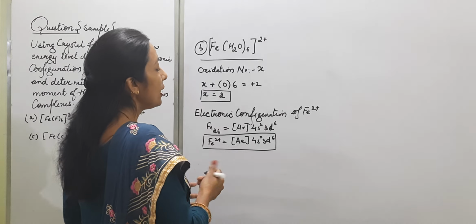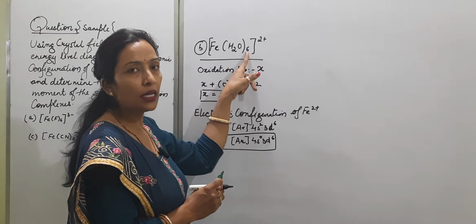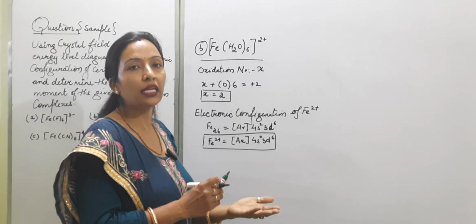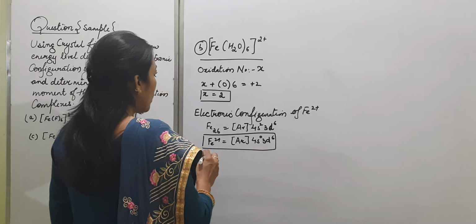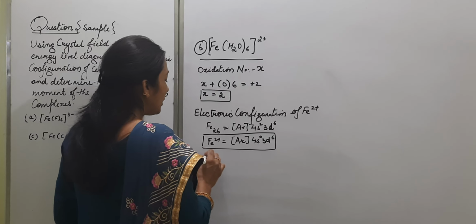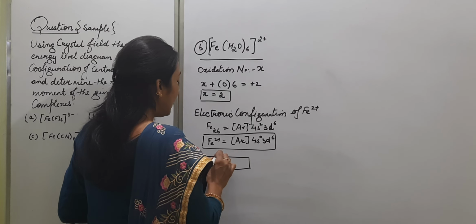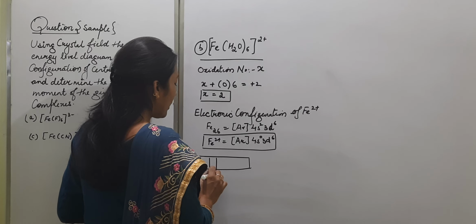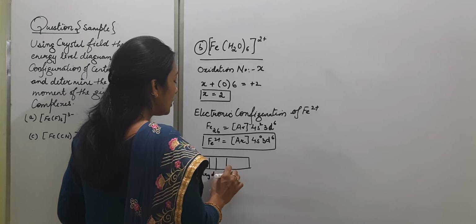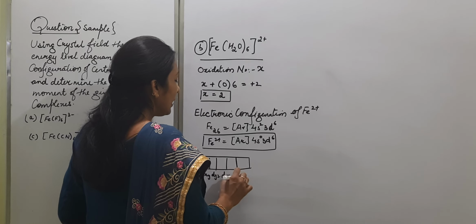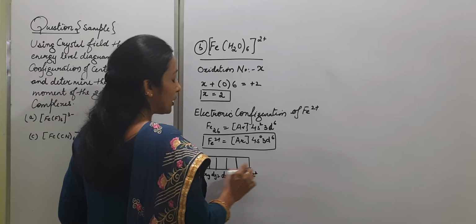Now we have to draw the energy level as the coordination number is 6. So we have to divide the degenerate level into T2G and EG levels. Here the degenerate d orbital has sub parts dxy, dyz, dzx, dx square minus y square, and the last one is dz square.